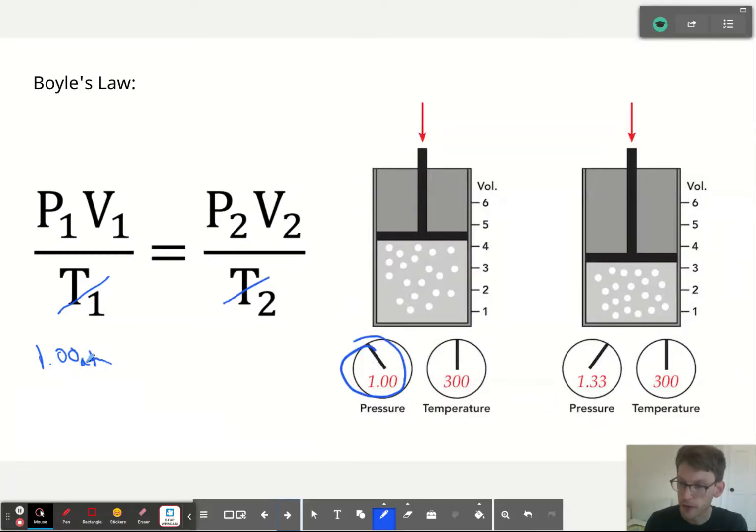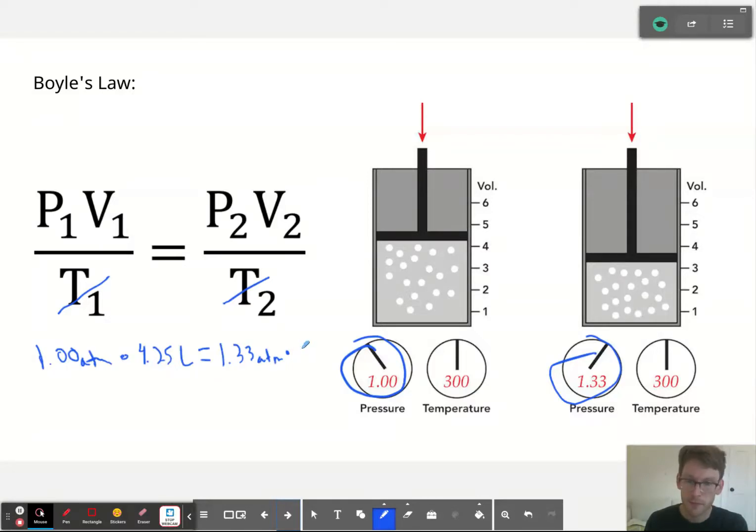We're going to say that we have 4.25 liters, and that's equal to our final pressure, which is 1.33 atmospheres, times, let's say it's a little foggy here and I don't really see the volume, but I did know that the volume initially was 4.25 liters.